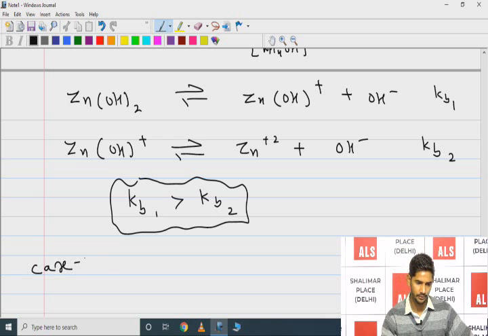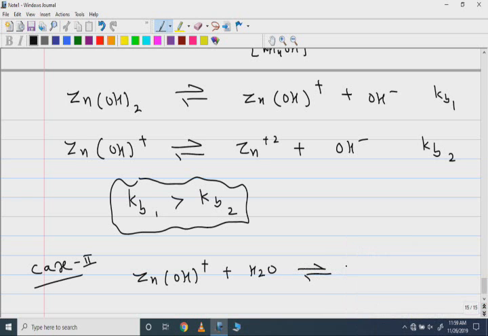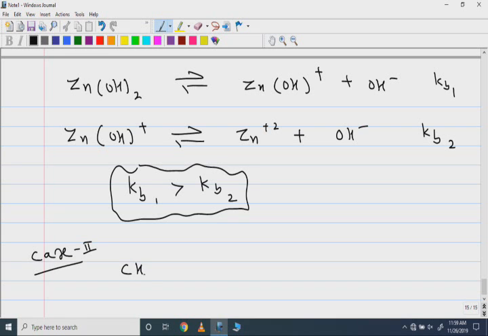Then case 2. Suppose we have ZnOH plus, and on treatment with H2O it gives you Zn(OH) whole twice, not this one. This is for the anions. So let's consider the anion.